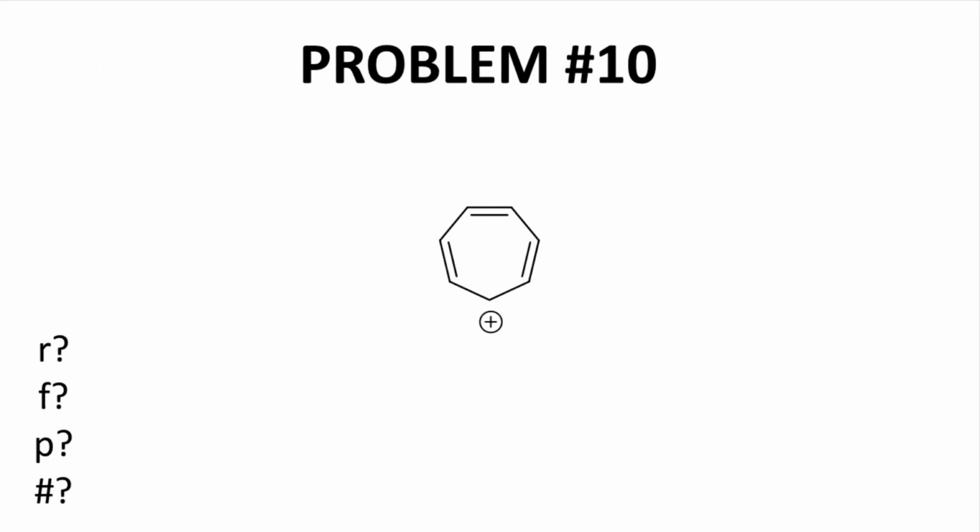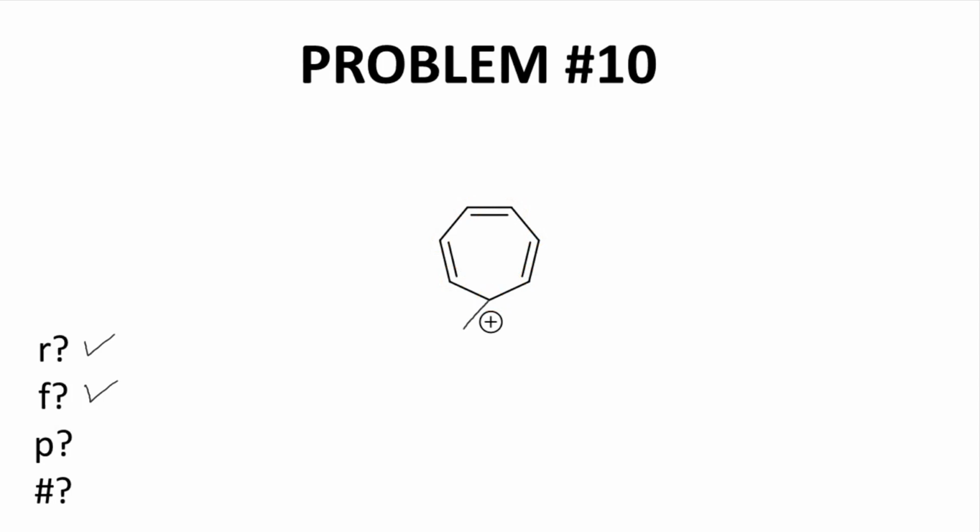Last structure, number 10. Here is our ring. So no problem. We do have a ring. Is it flat? Well, we'll find out. If it's aromatic, it'll certainly flatten out. Does every atom have a p orbital? In other words, is every atom potentially sp2 hybridized? All these carbons with the double bonds, there's no question. Now we have this weird thing. We have a carbocation down here.